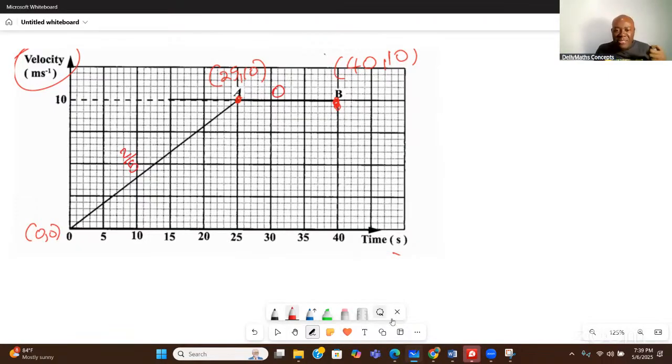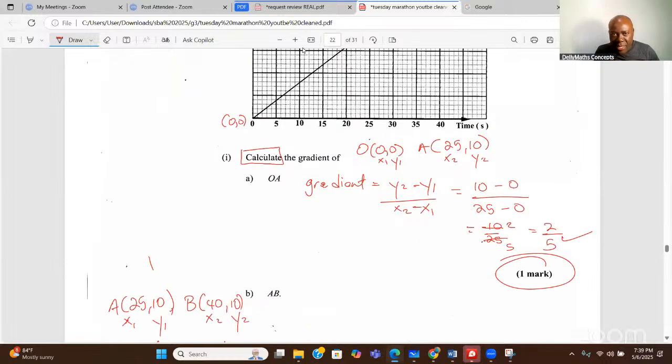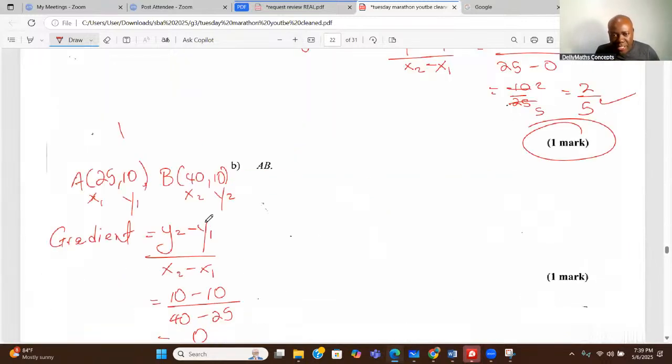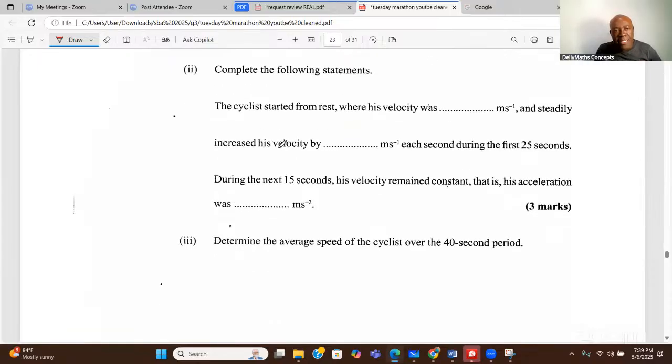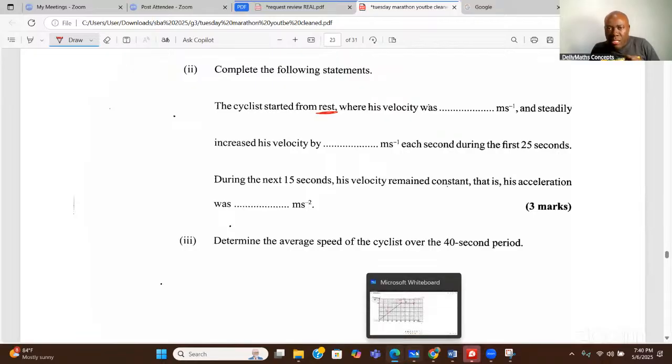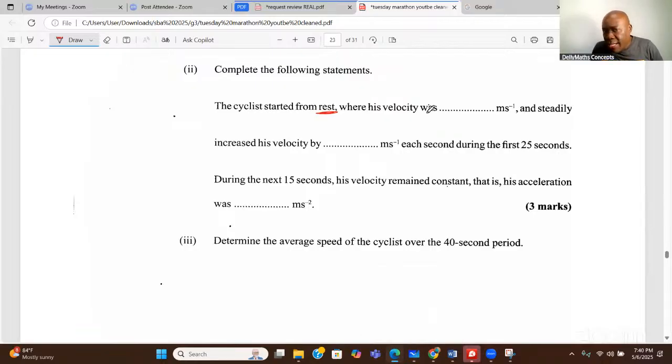So let us now see if we could complete what they wanted. Let's go to the question. Let me blow it up a little bigger. Here it is. It says, complete the statement. The cyclist started from rest. Rest means when you start from rest, you were not moving. So if it says start from rest, the velocity is 0.